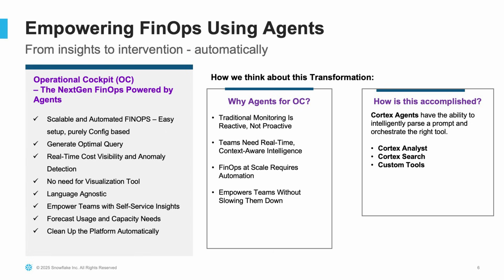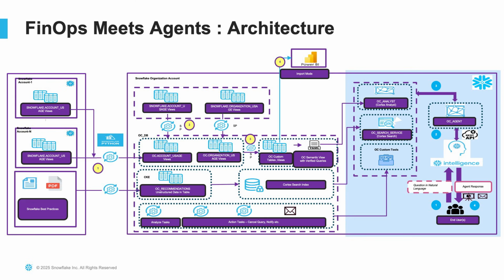The agents are expected to plan, explore options, orchestrate, reflect, monitor, and iterate. It will be intelligent enough to use the right tool for the right user: Cortex Analyst, Cortex Search, and custom tools. Now, to better understand how everything comes together, let me walk you through the underlying architecture.